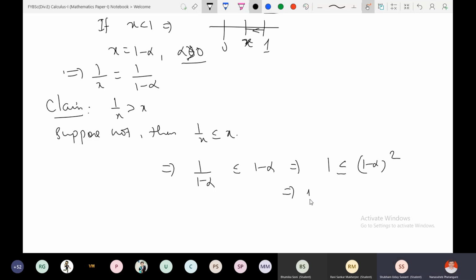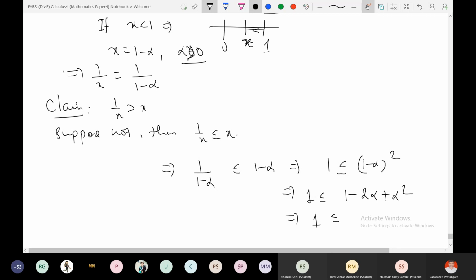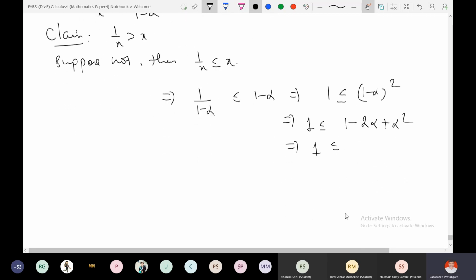So 1 is less than or equal to the expansion of this bracket, 1 minus 2 alpha plus alpha square. That means 1 is less than or equal to 1 plus alpha square minus 2 alpha. So what is the contradiction?